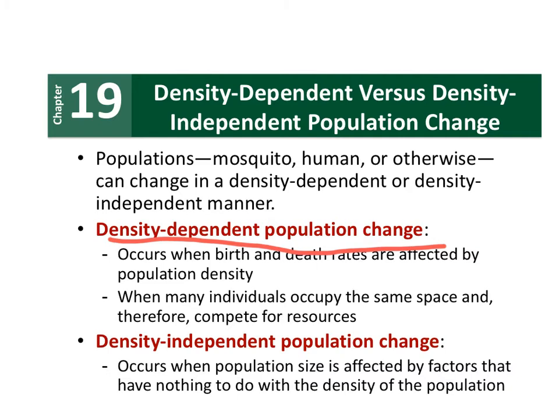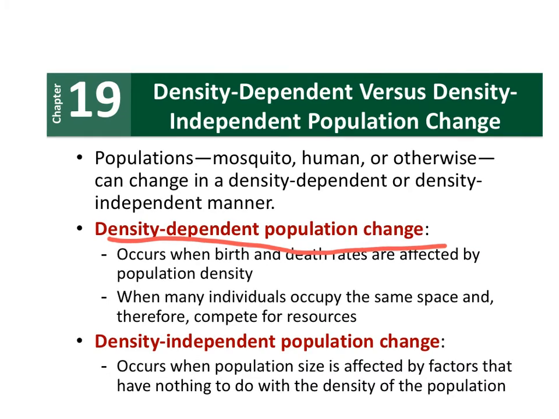And what happens is, the more individuals there are fighting over resources, the more competition there is, and that stops the population from growing. So the population density, how many individuals you have in a certain area, the more population, the more competition, the more the population is going to slow.